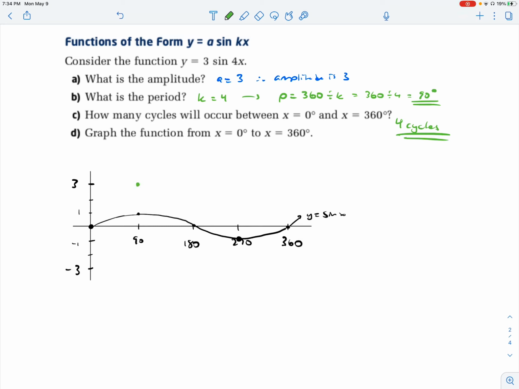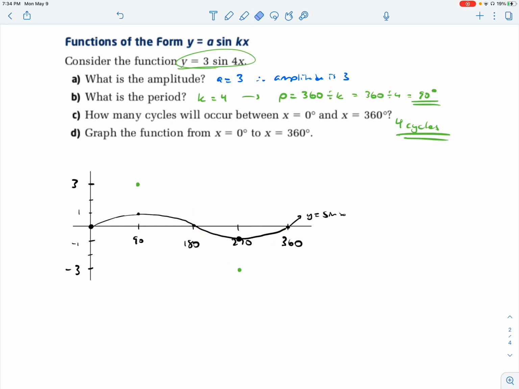So we have a point up here, point down there. So my new graph, which is this one here, I'm going to draw this in green. It now has an amplitude of 3, so it has to go all the way up to 3 and then come back. Now that's if there's 1 full cycle within 360.